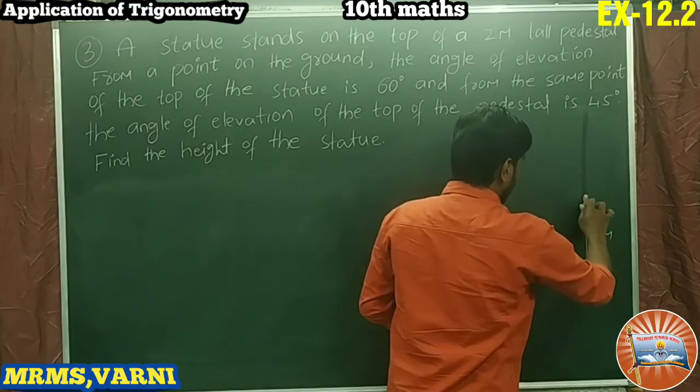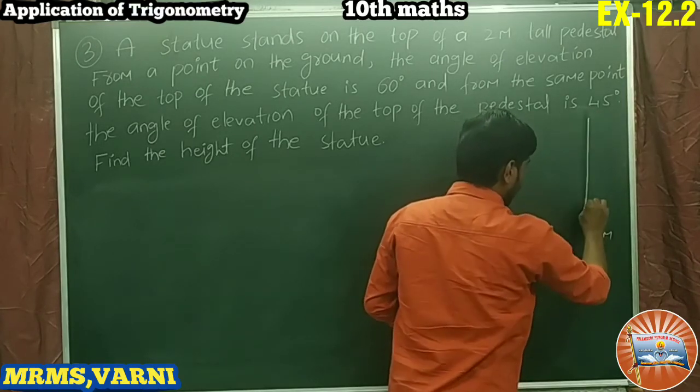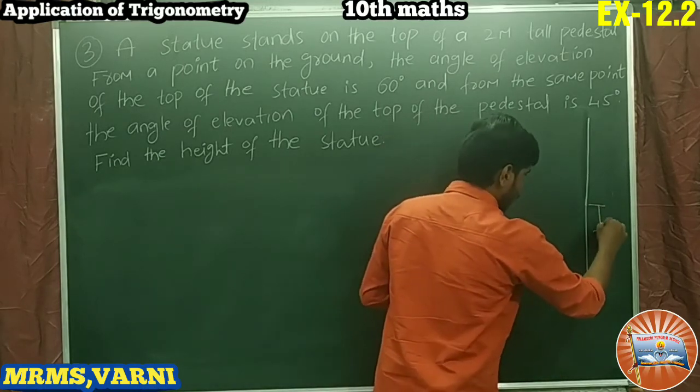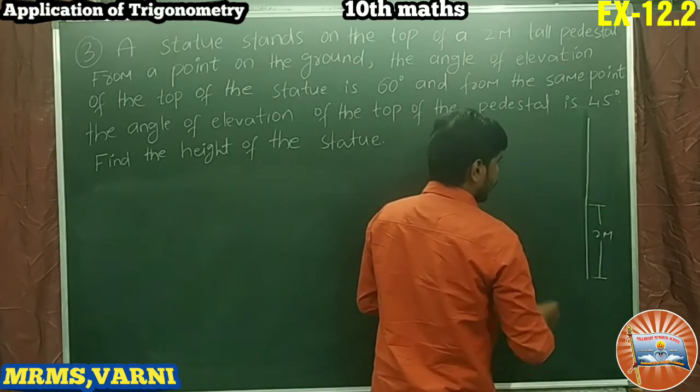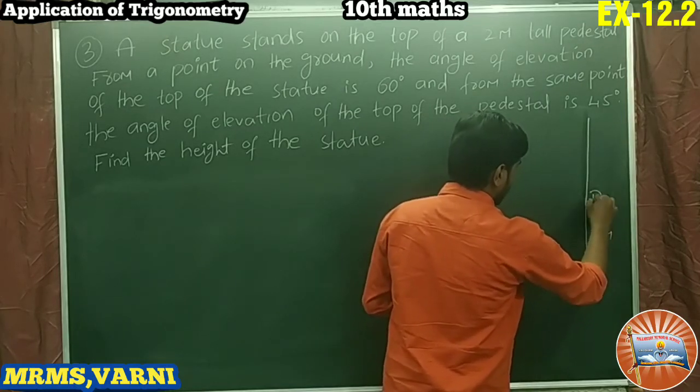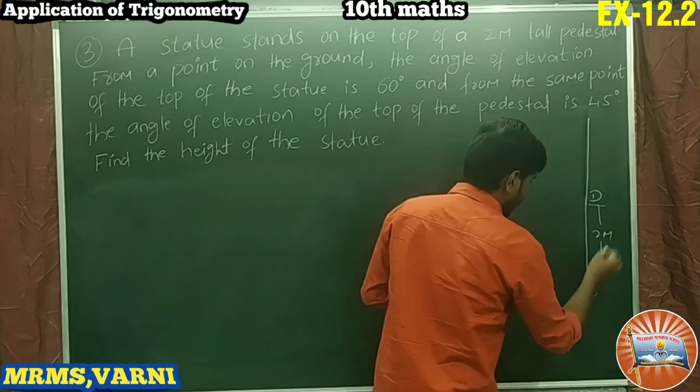So from here to here it is 2 meters. Let us consider this point as D, and this is B.